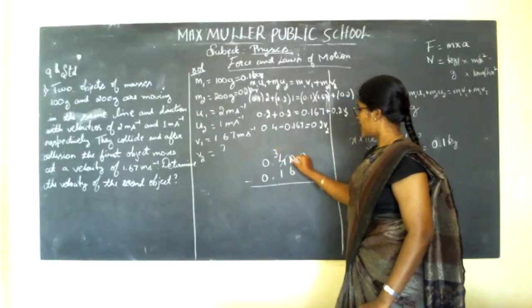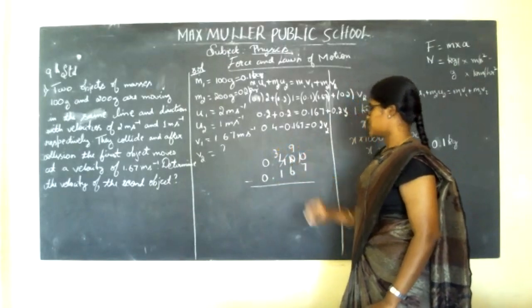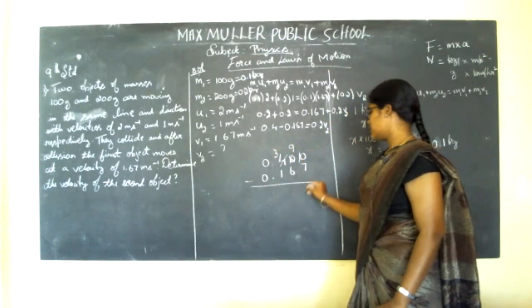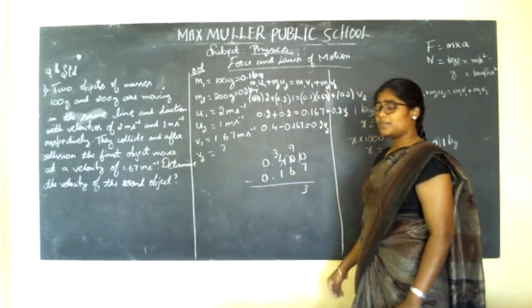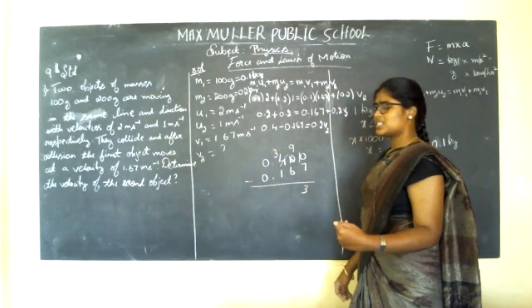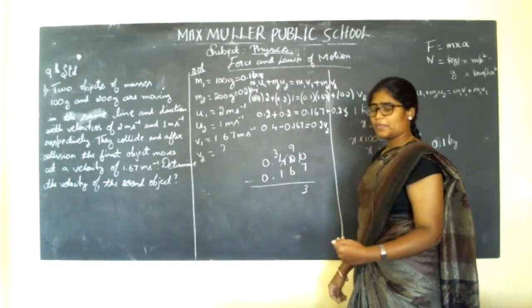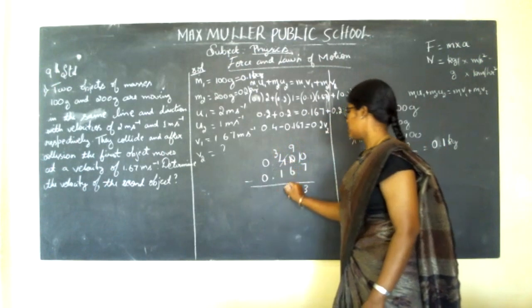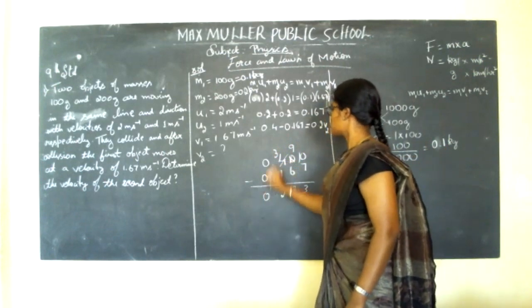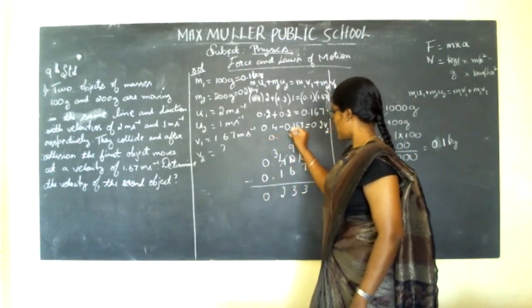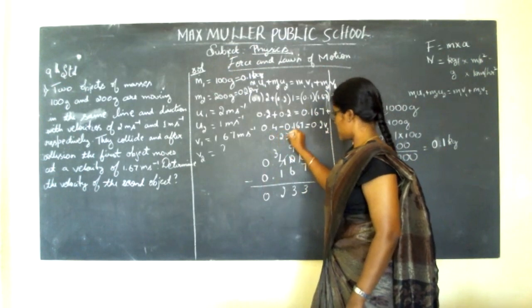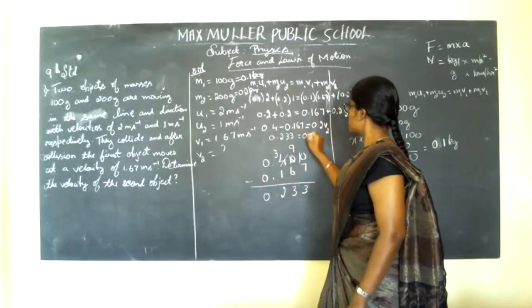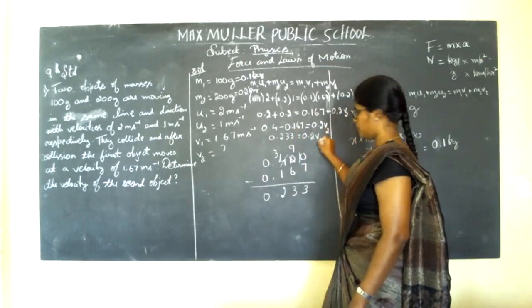This will be 10. And this becomes 9. And this becomes 10. So 10 minus 7 is 3 itself. Then 9 minus 6 is how much, children? 3. Then 3 minus 1 is 2.0. So you will be left with 0.233 is equal to 0.2 V2.